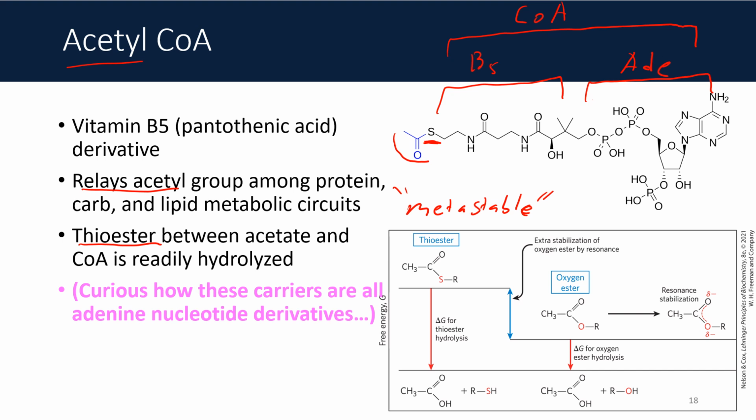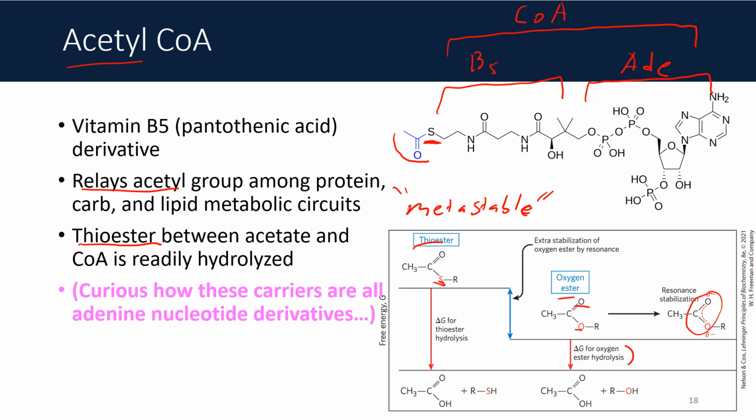If we were to compare thioesters to oxygen esters, oxygen esters are going to be more stable due to the increased resonance and orbital overlap between these two oxygens, shown over there. That will reduce the delta G for ester hydrolysis. But if you compare that to thioesters, it's harder to get that kind of delocalization when you're dealing with a very large sulfur atom.